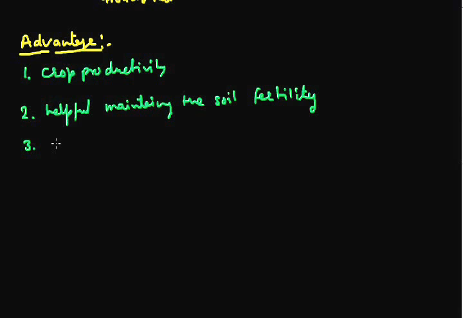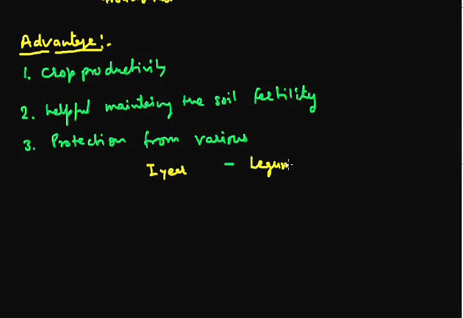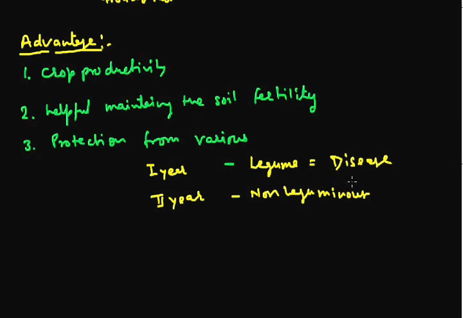And the third one, it is also helpful in protection from various diseases. Suppose in the first year we grow a legume crop, and the legume crop suffers from a disease. But in the second year we grow the next crop, suppose a non-leguminous crop, the non-leguminous crop will not be affected by this disease.